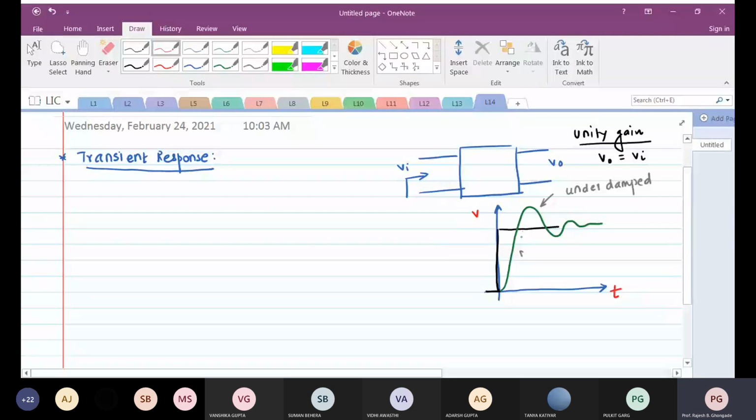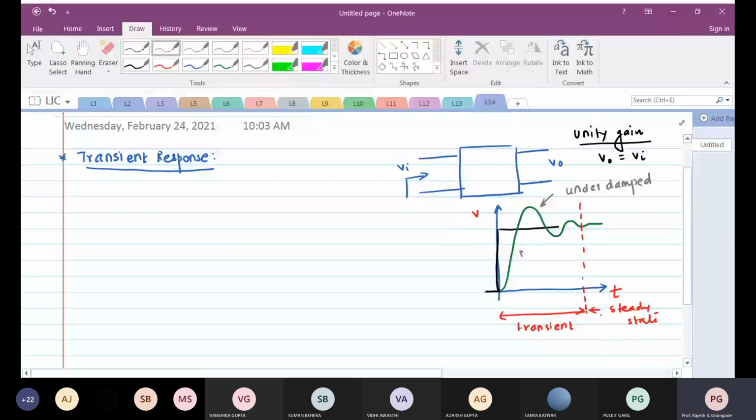Anyways, so whenever any system exhibits such a kind of behavior, we call it a response, obviously. Okay, it responds to a particular stimuli. Now, this response is again divided into two parts. Okay, this part is called the transient response, and this part is called the steady state response.